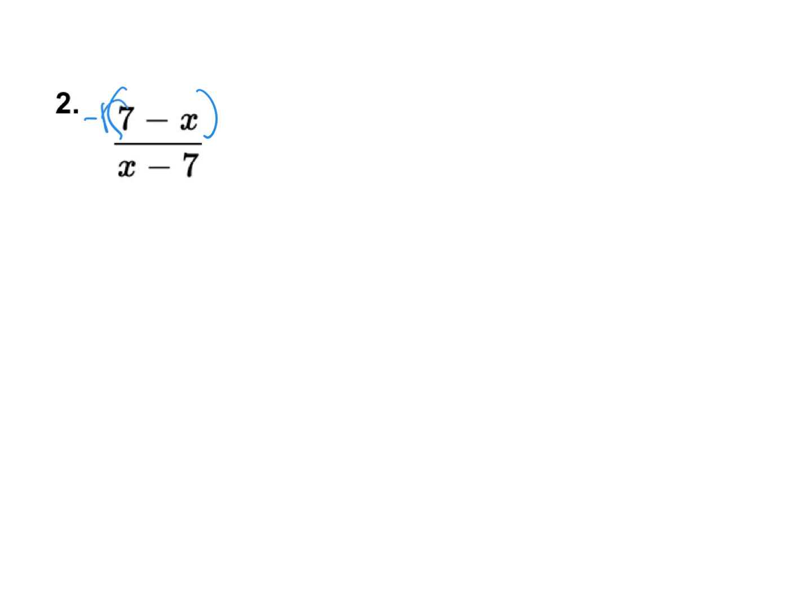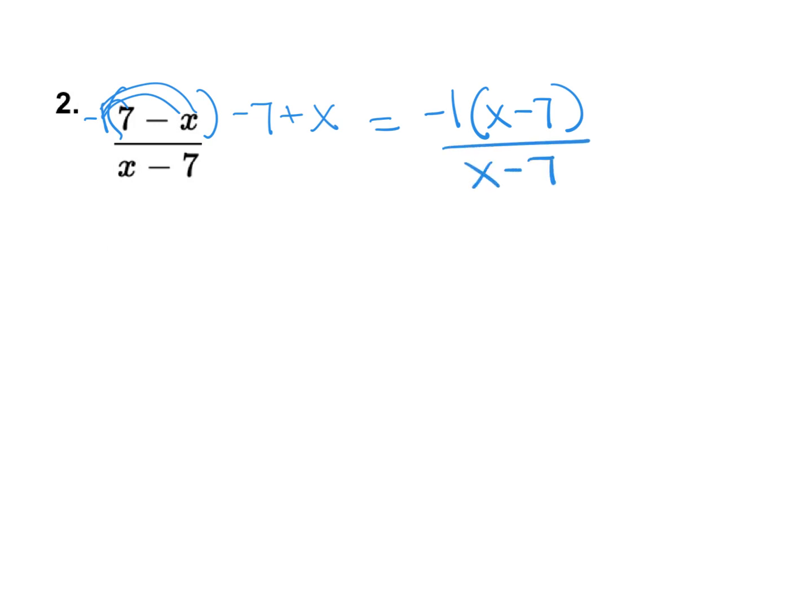And when I multiply by this negative 1, I will end up with a negative 7 and then plus x. So now I'm going to rearrange this. So when I then simplify, I've got negative 1 times x minus 7 all over x minus 7.